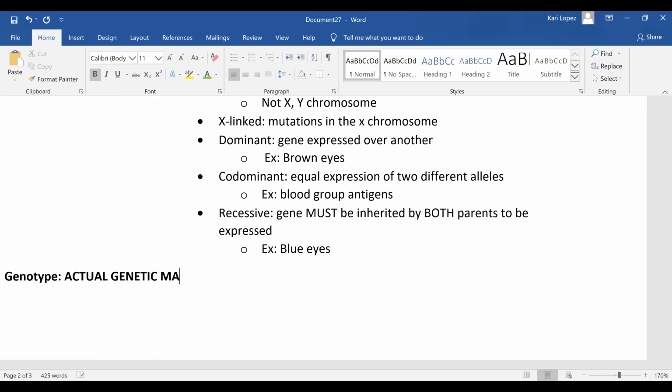Yeah, group A. Exactly. So the phenotype would be A, but the genotype is AO. Technically, the phenotype is group A, because that's what it shows. And then the genotype would be your AO.